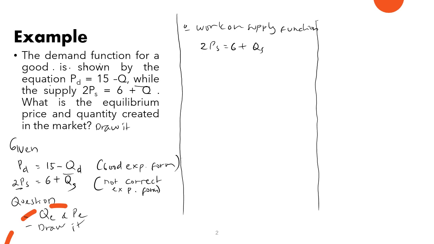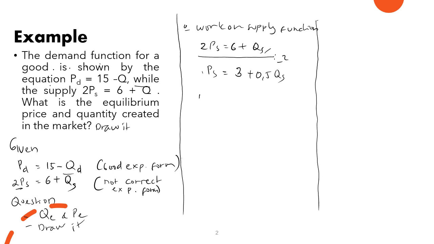Now we have to divide it all by 2 since we want to make it 1 PS. Now 2 divided by 2 is 1, and 6 divided by 2 is 3, and QS divided by 2, this is 1, right? So half QS.